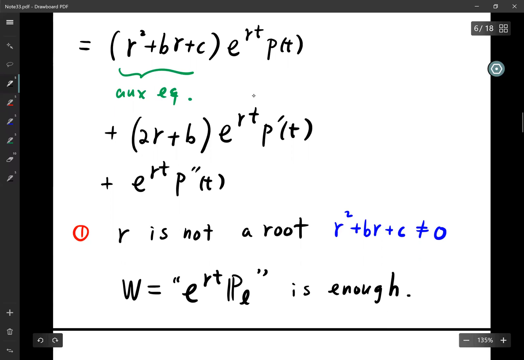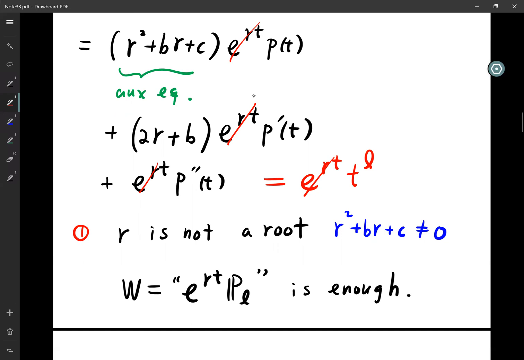So why is it enough? Let me say again, you can forget about the e^{rt}. So this guy should be equal to e^{rt}t^L. So we first get rid of this, which is always non-zero, and we are left with a polynomial equation. This one is a polynomial of order m. This one is in P_{m-1}. This is a polynomial of order m. This guy is in P_{m-2}.